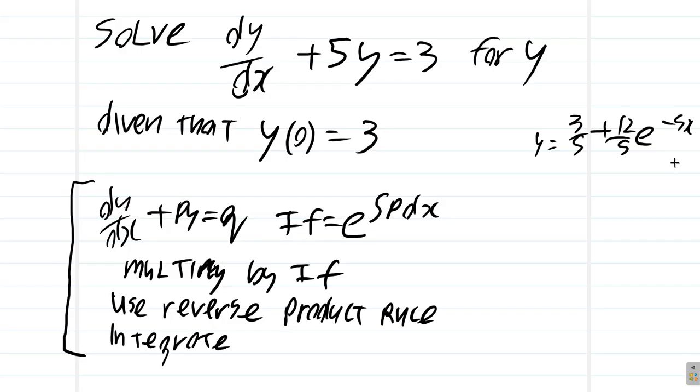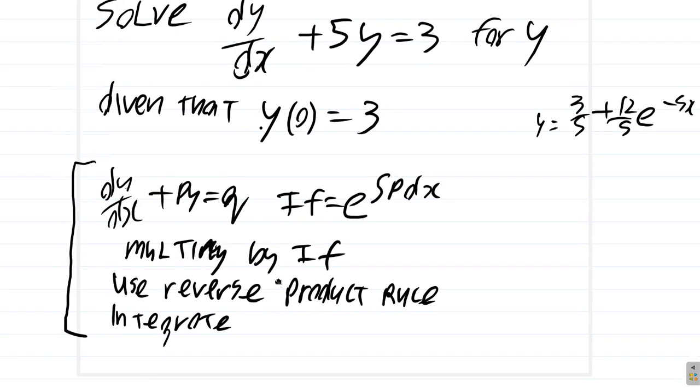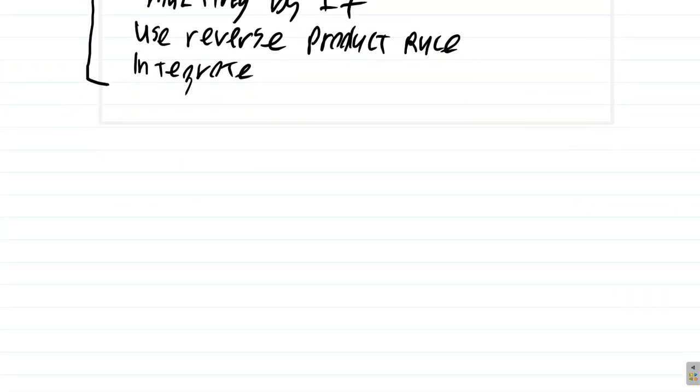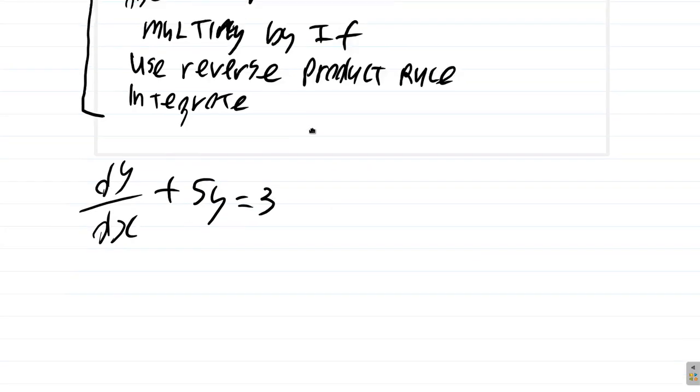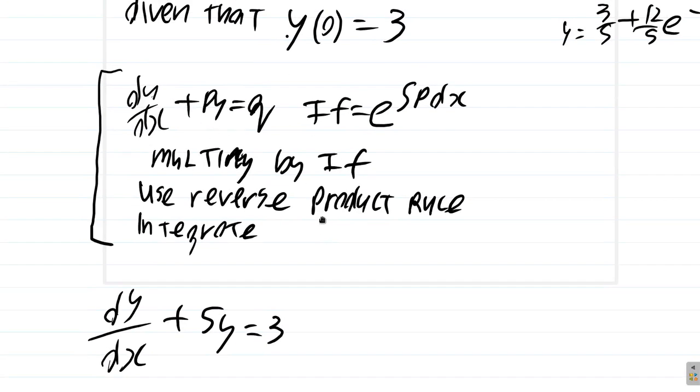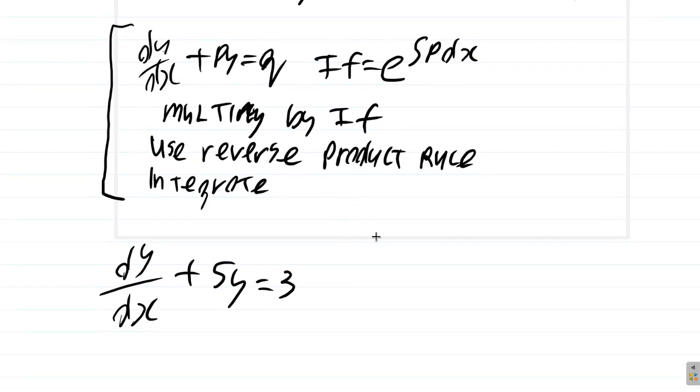Okay, you finished working it out? Let's work it out together. So dy by dx plus 5y equals 3. Now, if you compare it to the general form, dy by dx plus py equals q, you see that p is equal to 5 and q is 3.